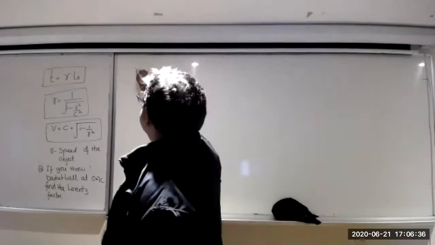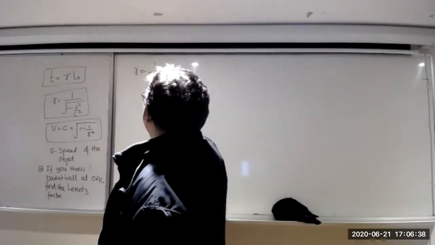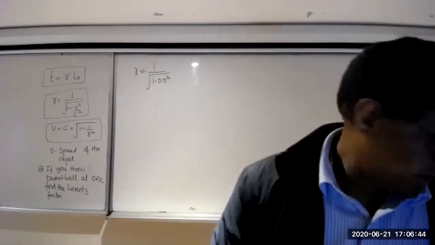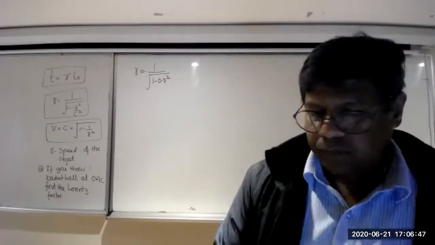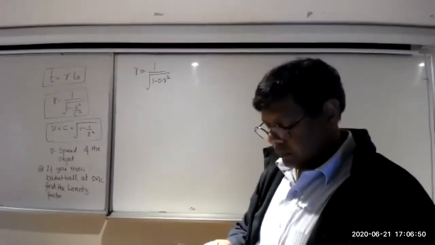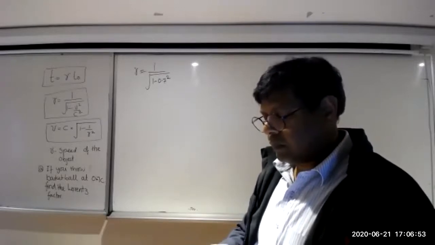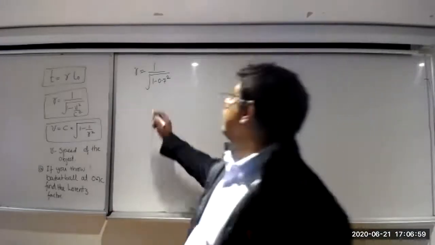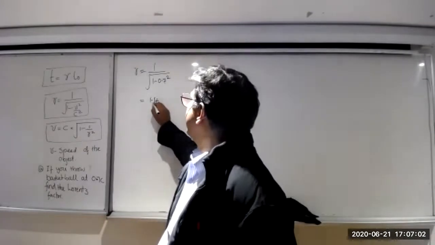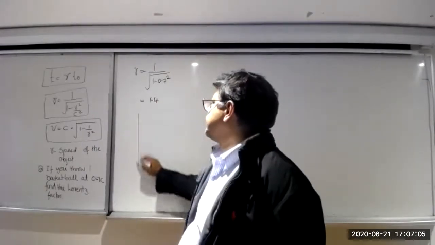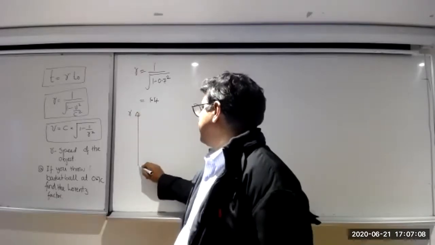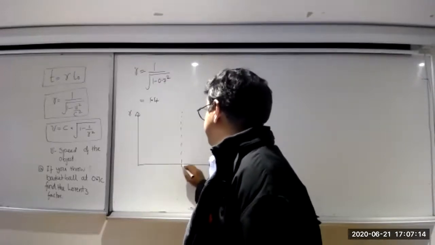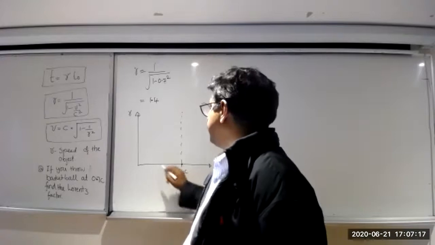So gamma equals 1 over the square root of 1 minus 0.7 squared. The c cancels, so you don't need to do that. 1.4, yeah? So if you look at the graph of gamma versus speed, when it reaches the speed of light, your gamma becomes infinite.